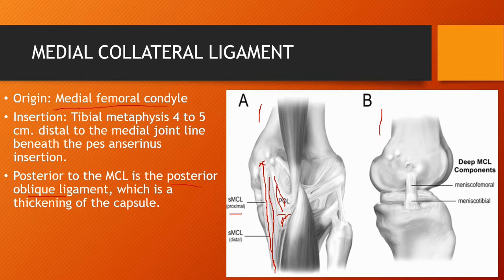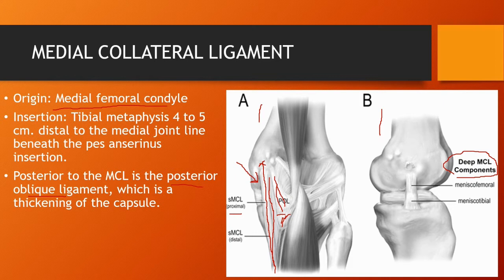Okay, so far we have the superficial medial collateral ligament, we have the posterior oblique ligament, and then if we were to peel away the superficial medial collateral ligament here, we would be left with the deep medial collateral ligament, deep to the superficial aspect.